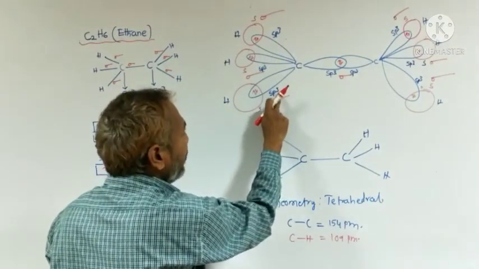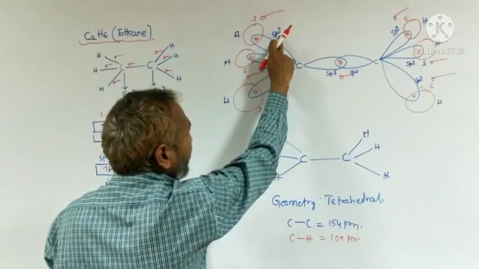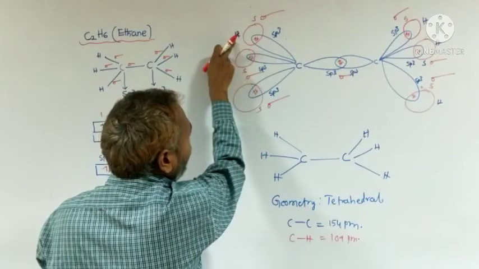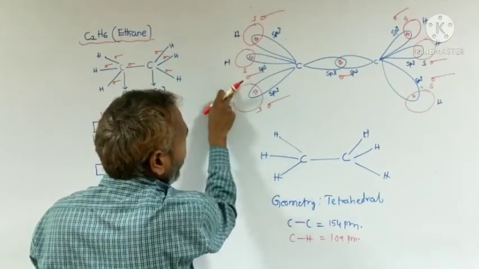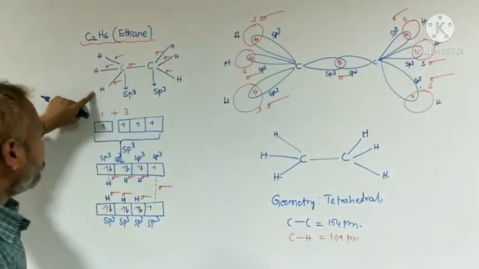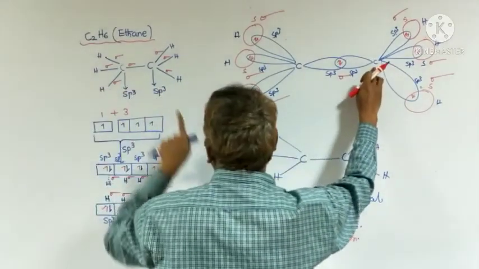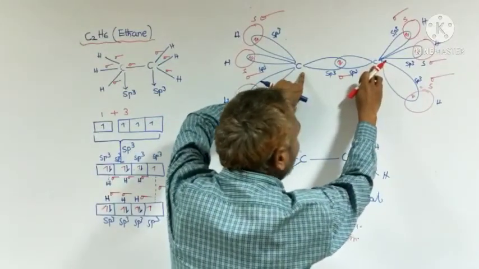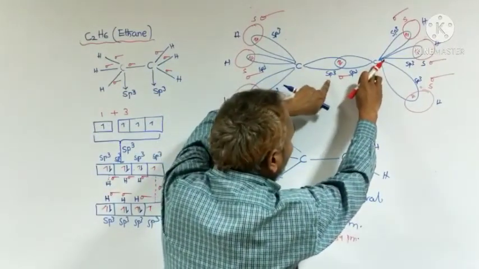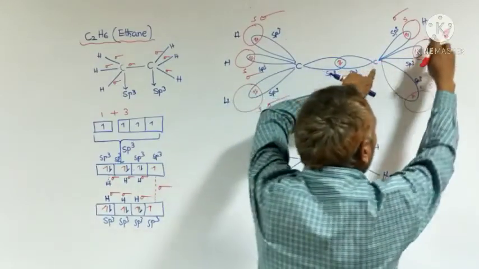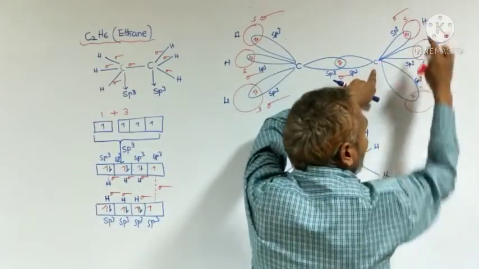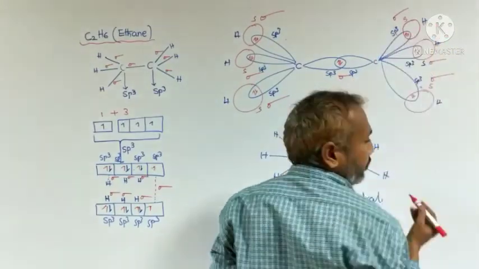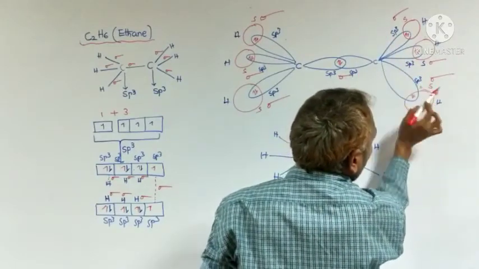Three of these hybrid orbitals overlap with the s orbitals of 3 hydrogens. Next, the second carbon. Its first sp3 hybrid orbital forms a sigma bond with the other carbon, and the remaining ones overlap with the s orbitals of 3 hydrogen atoms, forming 3 sigma bonds.